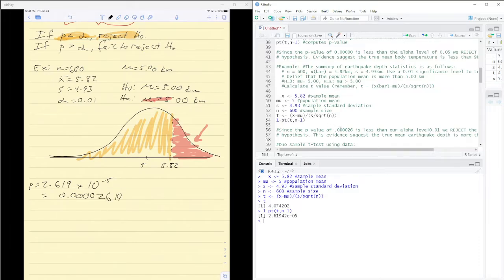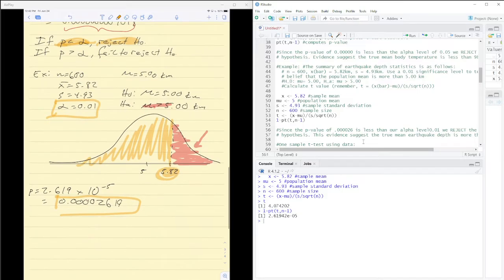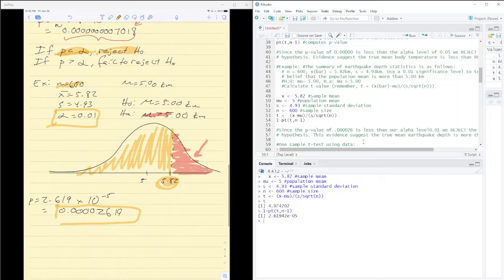You compare the p-value to your significance level, and this p-value is less than the significance level. Remember what this means. This is the probability that with a random sample we get a 5.82 sample mean with a sample of size 600, a very large sample, assuming the population mean is really 5 kilometers. This is so unlikely.